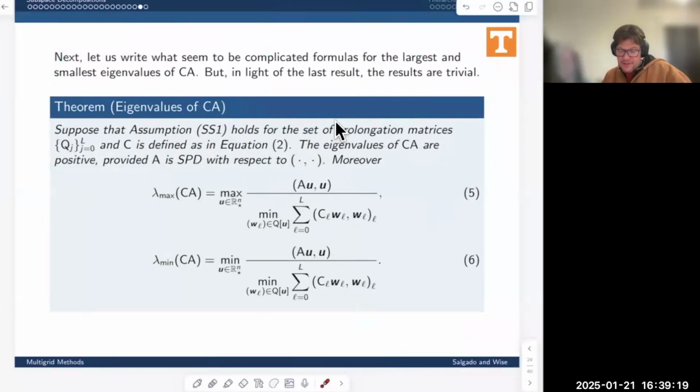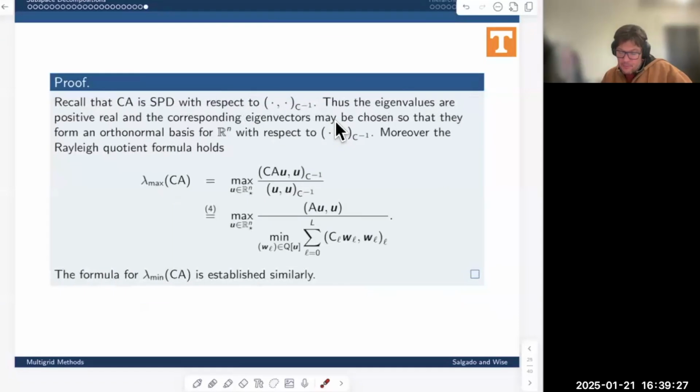That's because of this little result here, the eigenvalues of CA. Normally, the eigenvalues of CA have this representation. We can represent the max and the min through something called the Rayleigh quotient. So this is nothing more than the Rayleigh quotient formula for the maximum eigenvalue of the product CA.